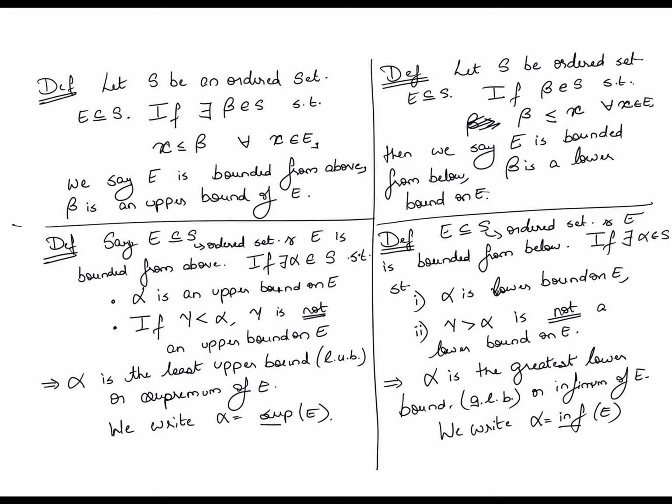Okay, so next let me get to the property that I have been building to with all this notation. And that is, what does it mean for an ordered set to have the least upper bound property?